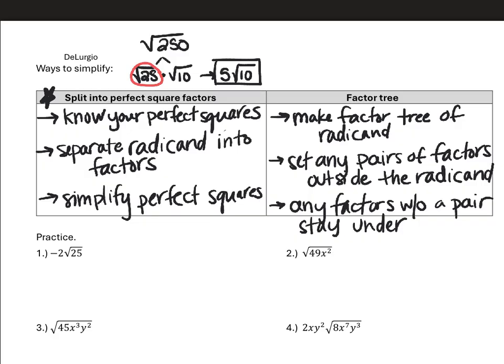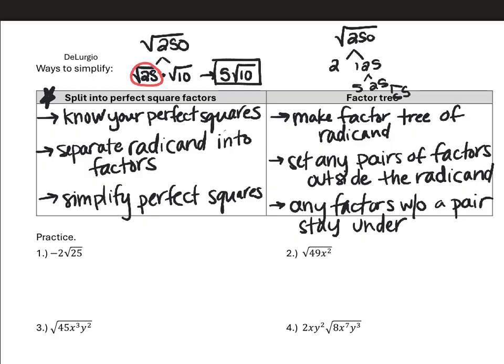Okay, the other way we could do this is with a factor tree. The way that this looks is you do that prime factorization, and so you write prime numbers. 250 is 2 times 125. 125 is 5 times 25. And then 25 is 5 times 5.